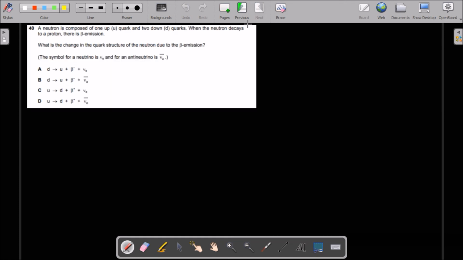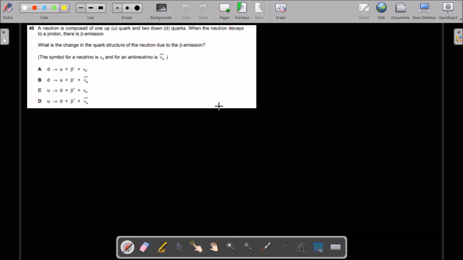Question 14. A neutron is composed of one up quark and two down quarks. When the neutron decays to a proton, there is beta emission. What is the charge in the quark structure of a neutron due to the beta emission?